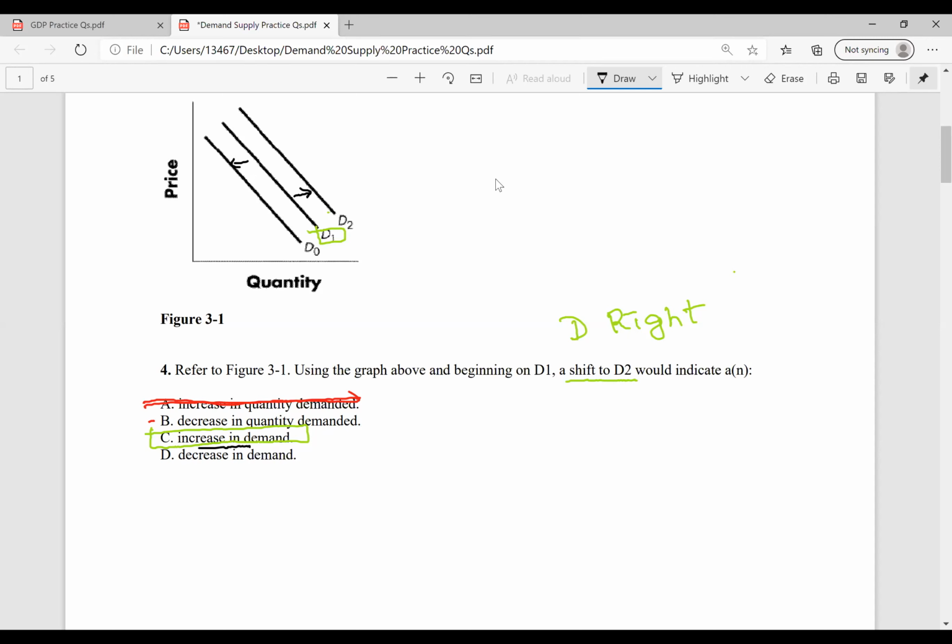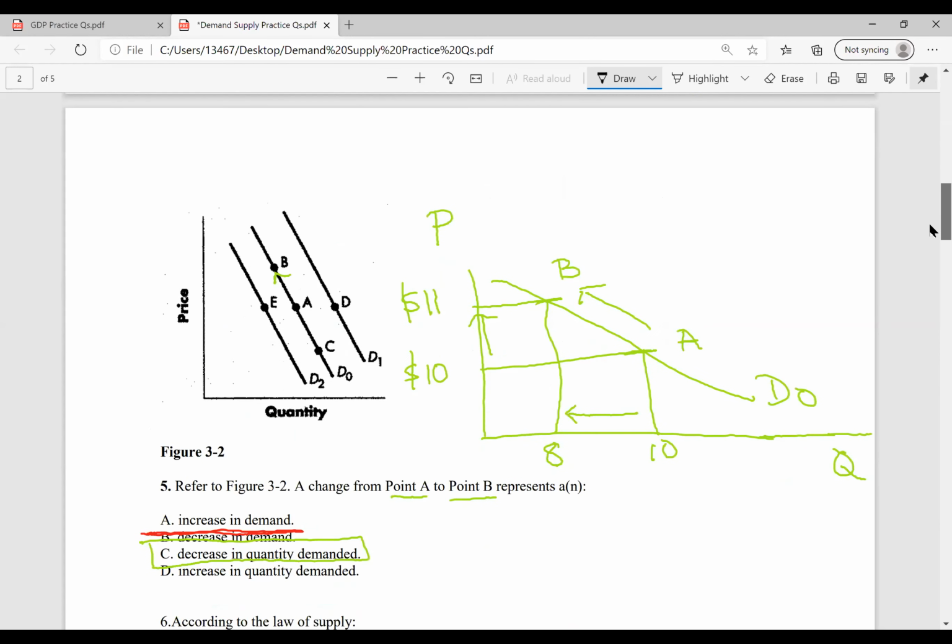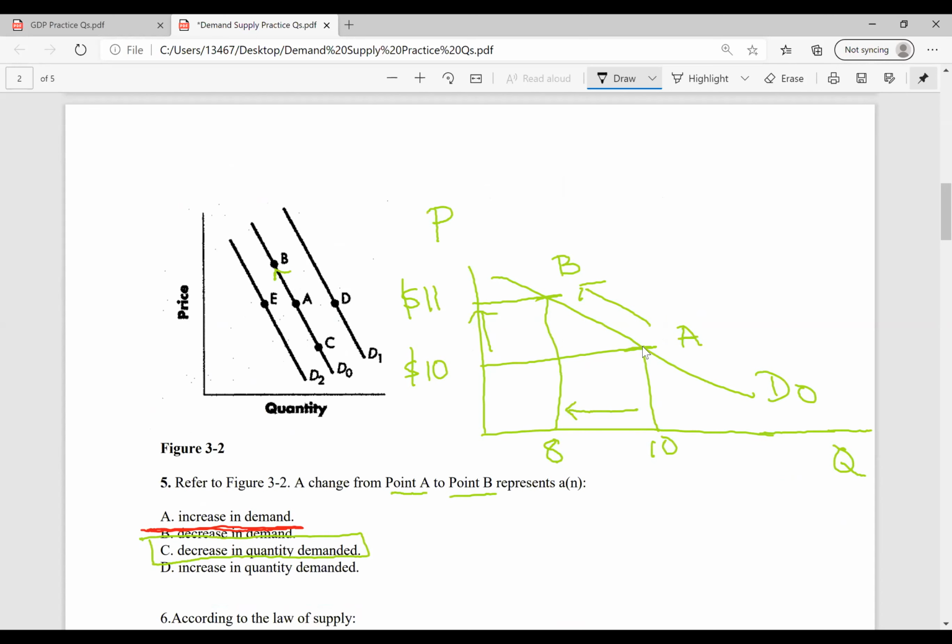So any kind of shift here, I can only use the words increase and decrease. This is what I'm going to use. And any kind of movement, that means I'm on the original demand curve here.